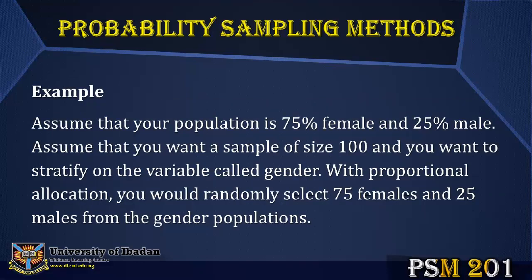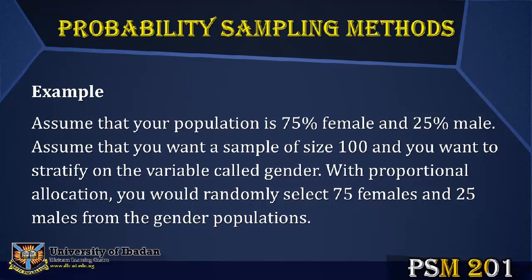Example: assume that your population is 75% female and 25% male. Assume that you want a sample of size 100 and you want to stratify on the variable called gender. With proportional allocation, you will randomly select 75 females and 25 males from the gender populations.